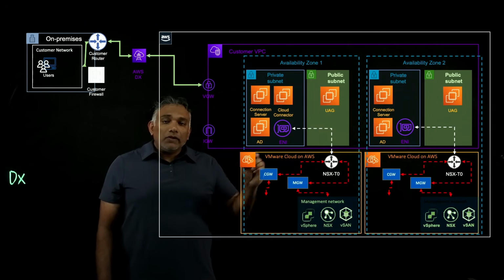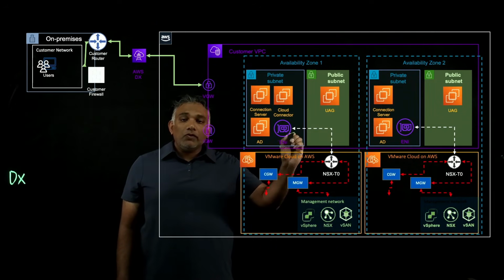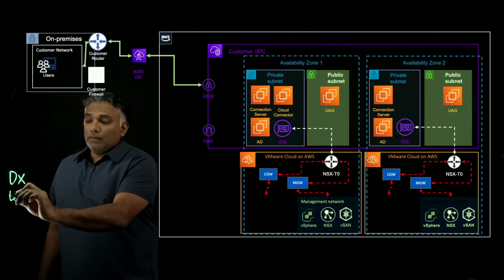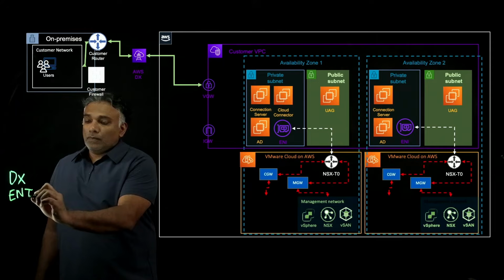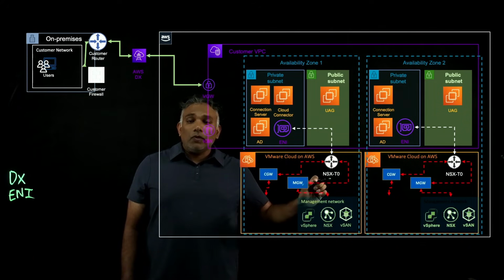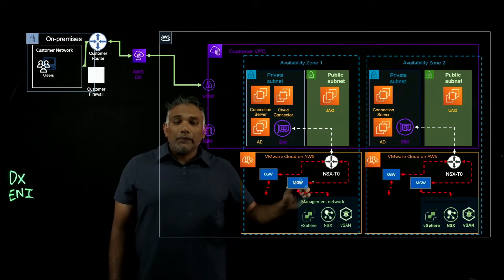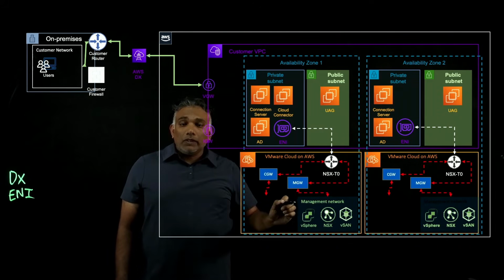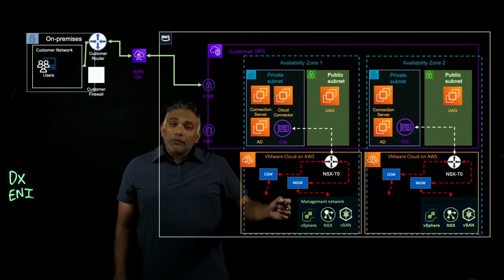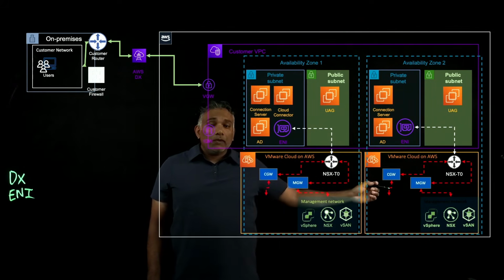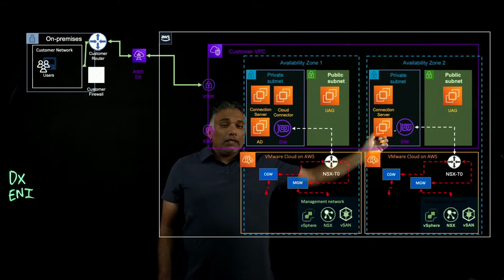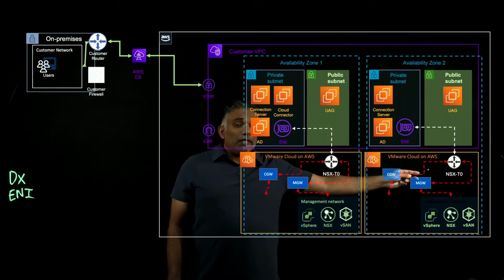As you can see, there's a connection that goes from an Elastic Network Interface, or ENI, directly into the NSX T0, or the main router for VMware Cloud on AWS, within that availability zone. The same type of setup is replicated to the secondary VMware Cloud on AWS deployment here. It has the same connection from the ENI to the NSX T0.